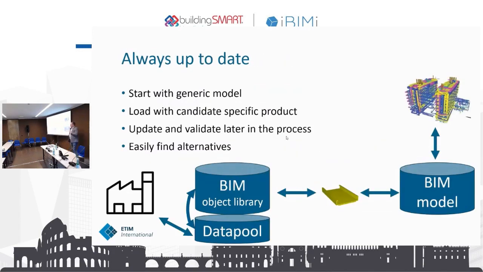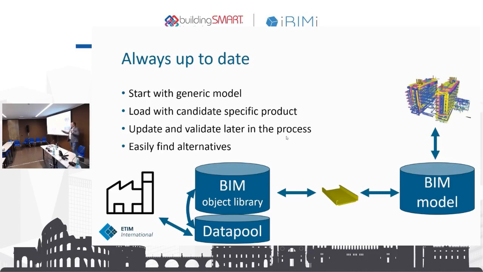So now, when you have these objects transformed into 3D objects of your liking, you can put RFC in it, but you could also use Revit standards, international Revit standards if you like, or something else, do it your way. You can start with a generic model, which has a generic data set and generic sizes.